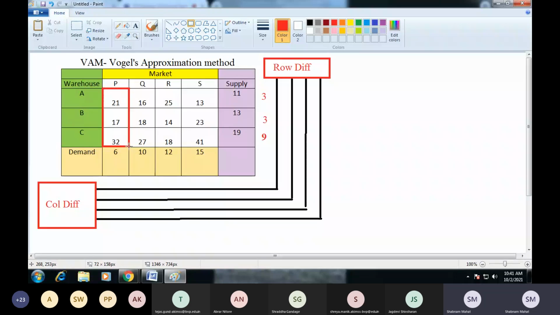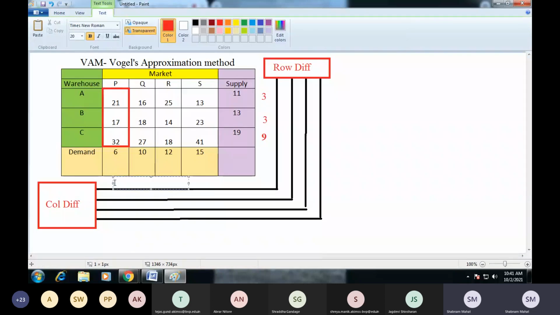In the first column there are two minimum values: first is 17 and another one is 21. If we subtract 17 from 21, we get a difference of 4. So this is my first column penalty. Again check the second column.